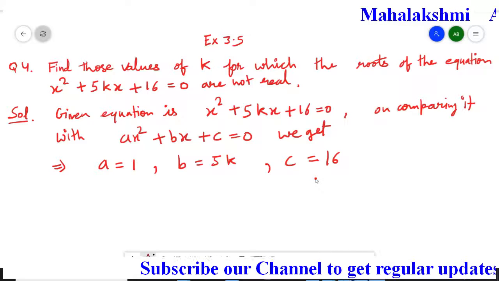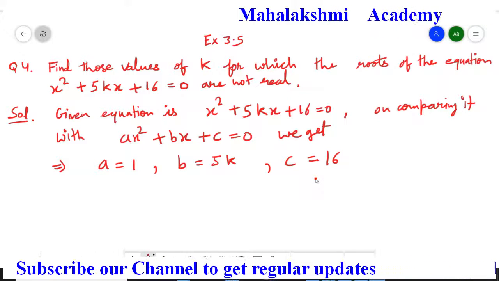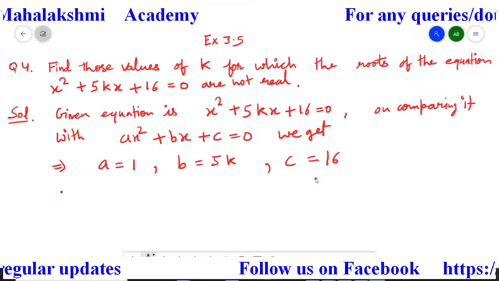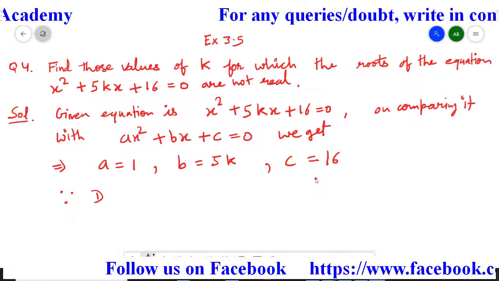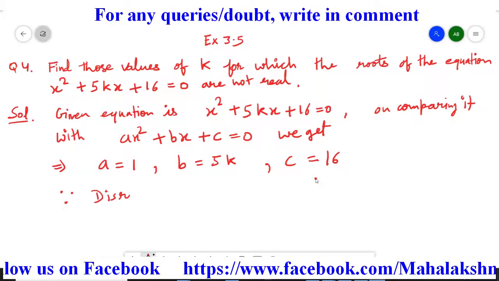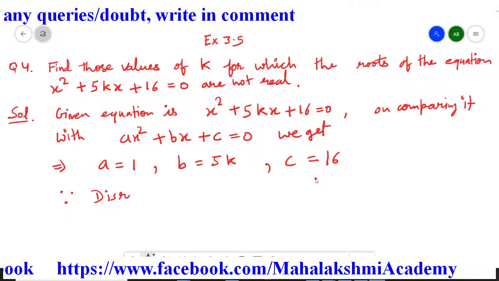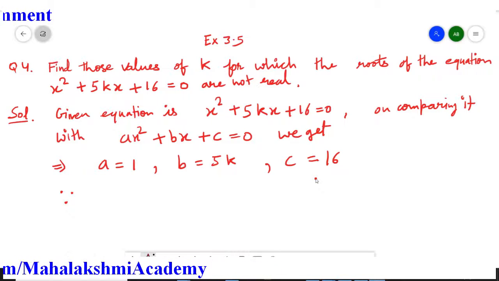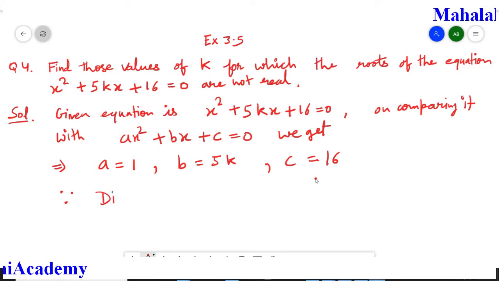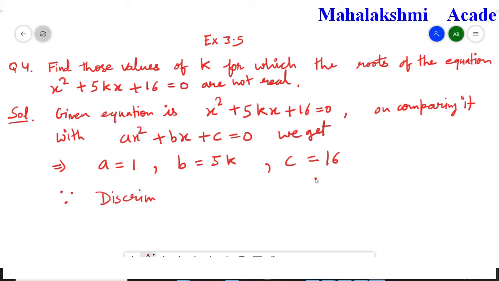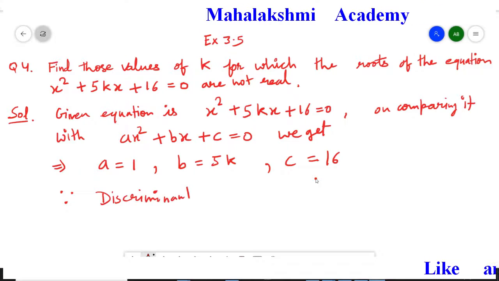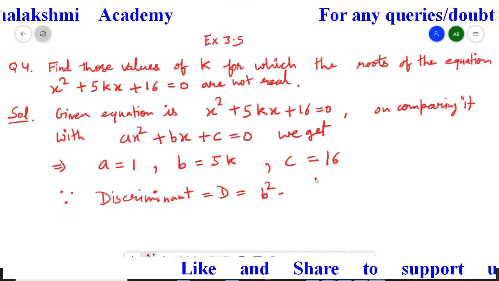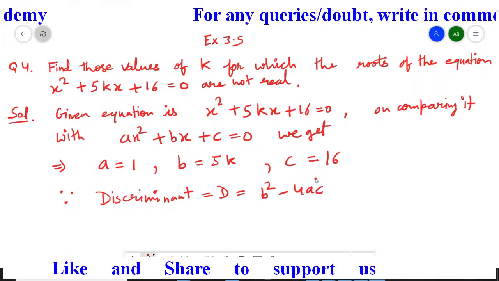So after getting the values of a, b, c, now we have to get the value of the discriminant. So we'll write down here, since the discriminant formula is b square minus 4ac.